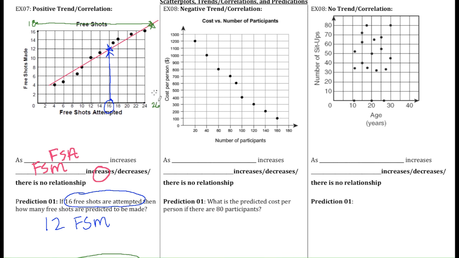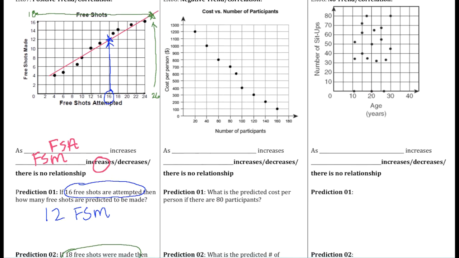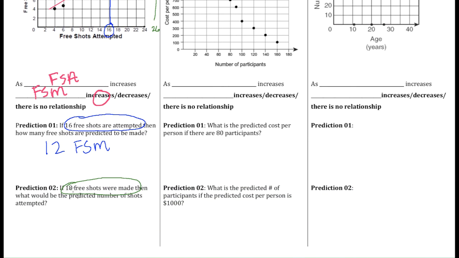This is about 26. So about 26 free shots were attempted. If 18 free shots were made, then what would be the predicted number of free shots attempted? We said it was 26 free shots attempted. Cool.